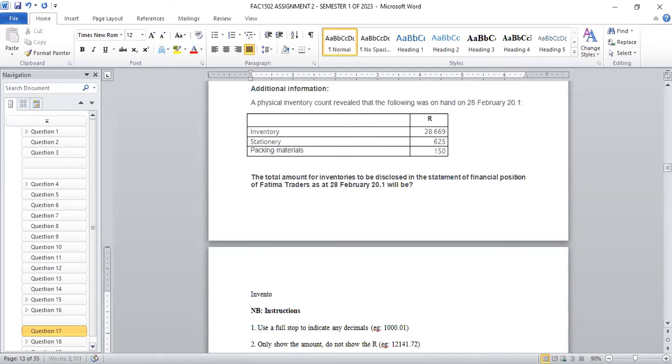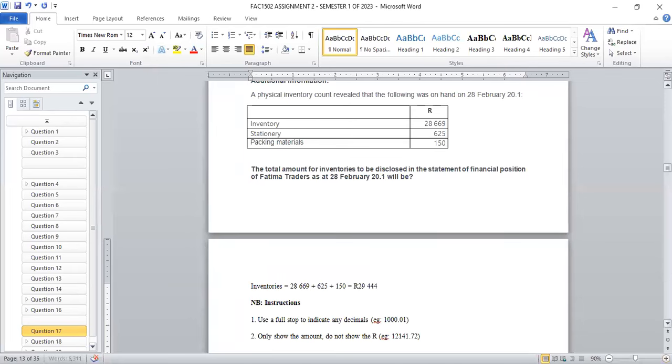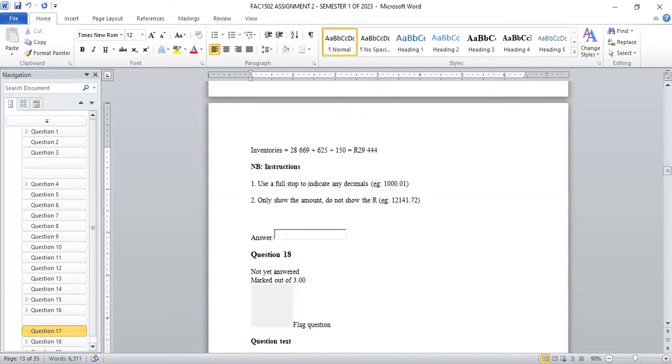So our inventories would be equal to 28,669 plus 625 plus 150, which is equal to what? 29,444. You can just try the other questions as you go.